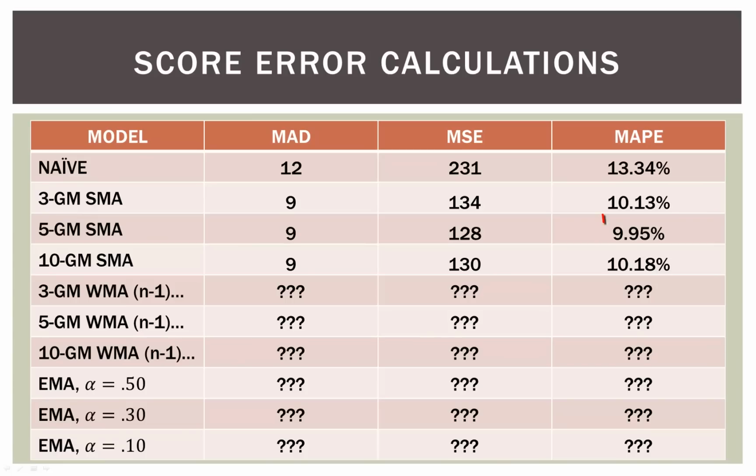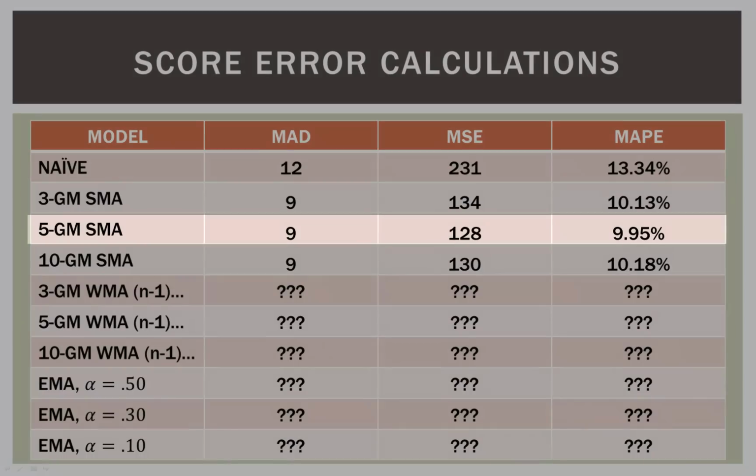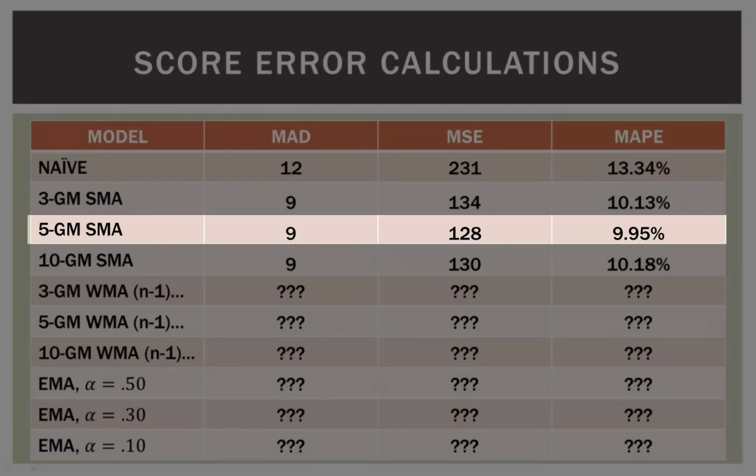And the same thing goes for the MAPE. So within the simple moving averages, it appears that the 5-game simple moving average was the best model, because we have a MAD that's the same as the other 2, we have an MSE that's the lowest of those simple moving averages, and we have a MAPE that's the lowest of those simple moving averages.